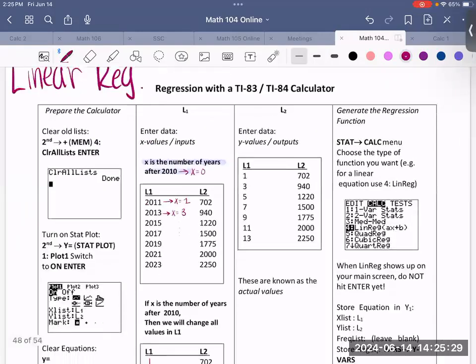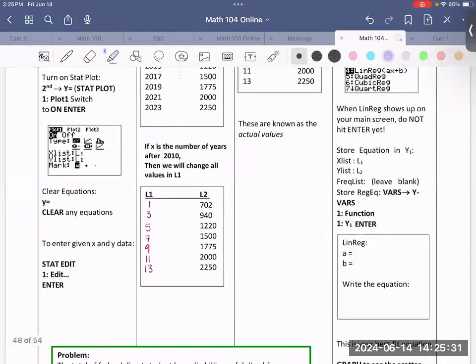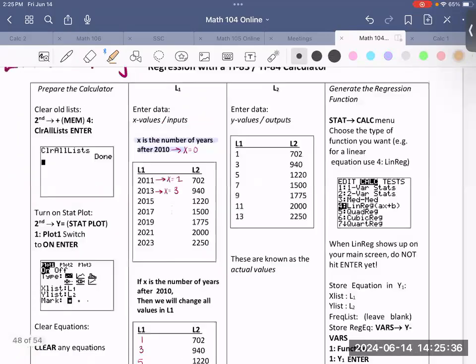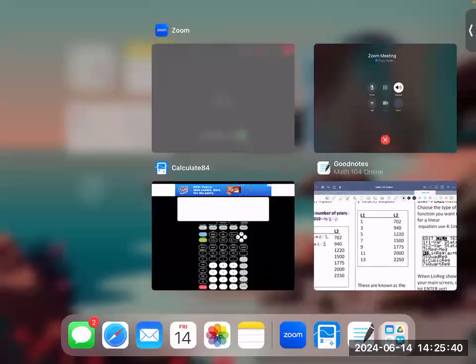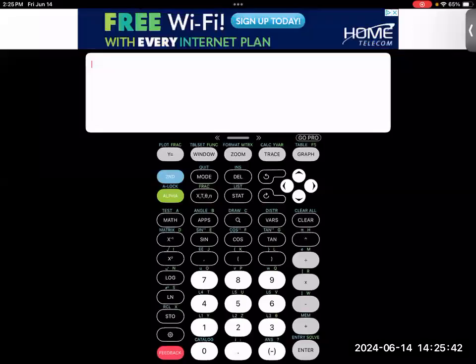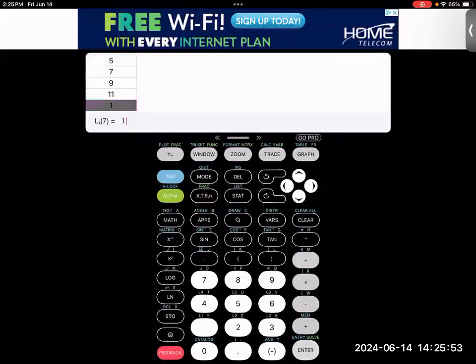Let's do that by hitting the following buttons: stat, edit, and enter these values into list 1 and 2. So we have stat, edit. We said we're going with values 1, 3, 5, 7, 9, 11, and 13, double checking that everything looks good before continuing.